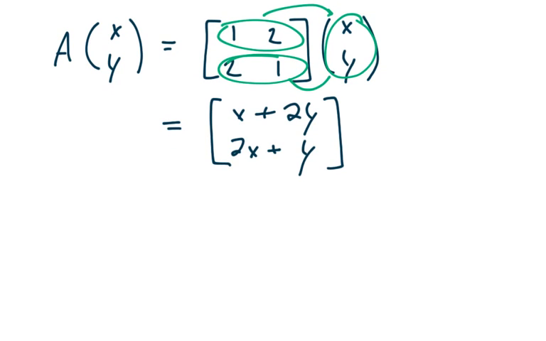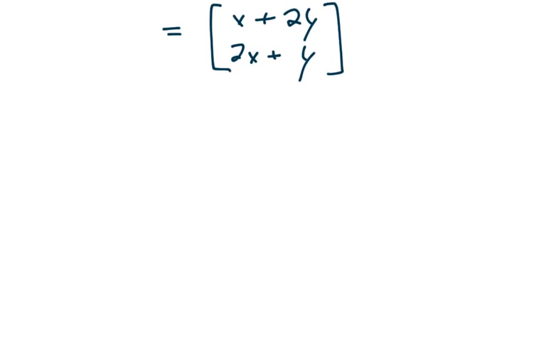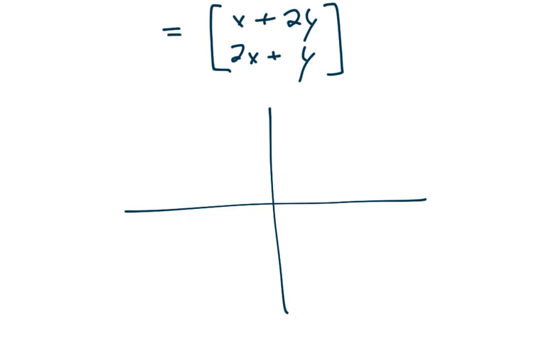If we draw some examples of what this does to specific vectors, let me keep my formula there and just draw a picture here, and we'll use some colors. I'll use maybe red for the original vectors. So let me choose simple vectors again. Let's take my first vector to be (1, 0). And let's use blue for A of (1, 0). So let me just check what that is.